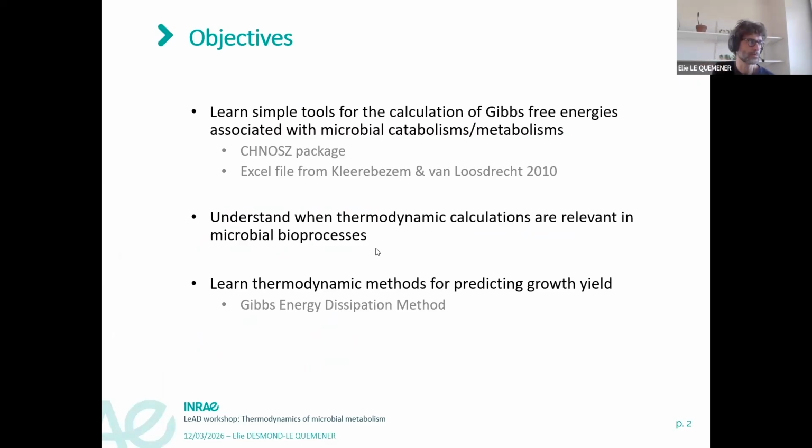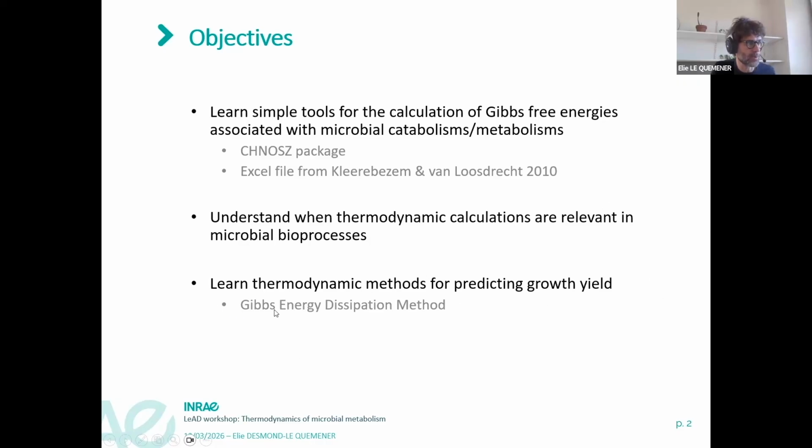So I will introduce the Schnoz package from R and some Excel files that are from an article published in 2010. The second objective is to understand when this calculation will be relevant for the modeling of microbial bioprocesses.